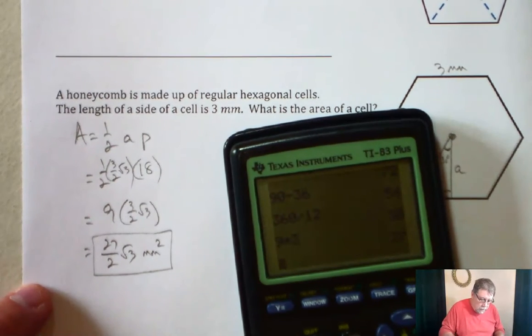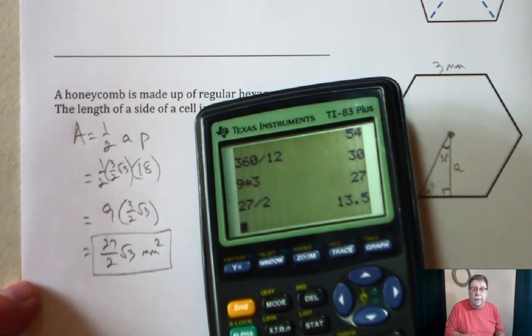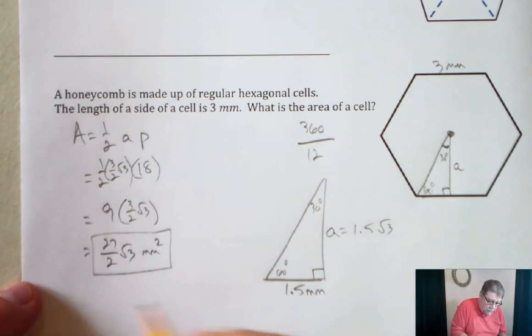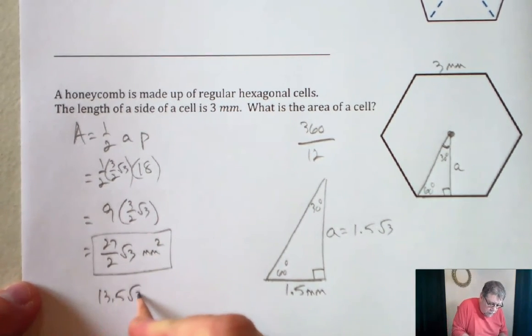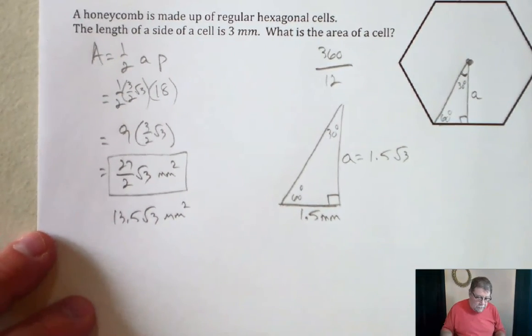If you wanted to do 27 divided by 2, you could write 13.5 times radical 3 millimeters squared. That would be acceptable.